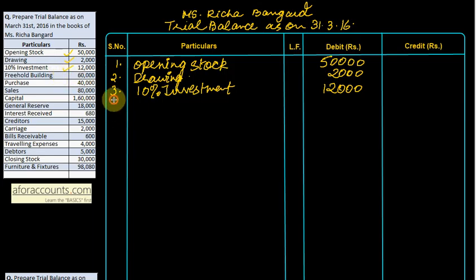Now the fourth point. Freehold building. Building is my asset having debit balance. Freehold building, my asset, so debit balance.